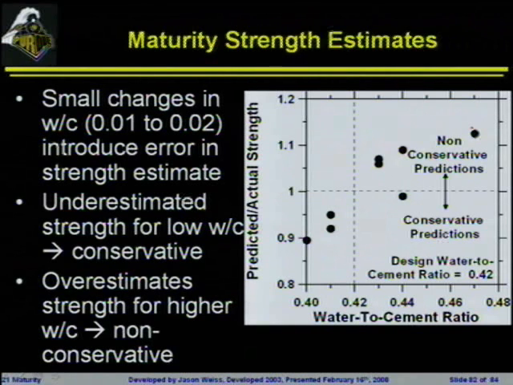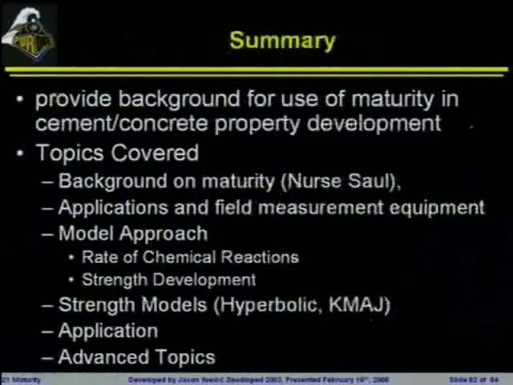If you alter the water-to-cement ratio, your concrete strength changes. If you alter the aggregate content, it changes. So you can't just go changing the mixture proportions and using the same maturity function. So we won't go through that too much more.